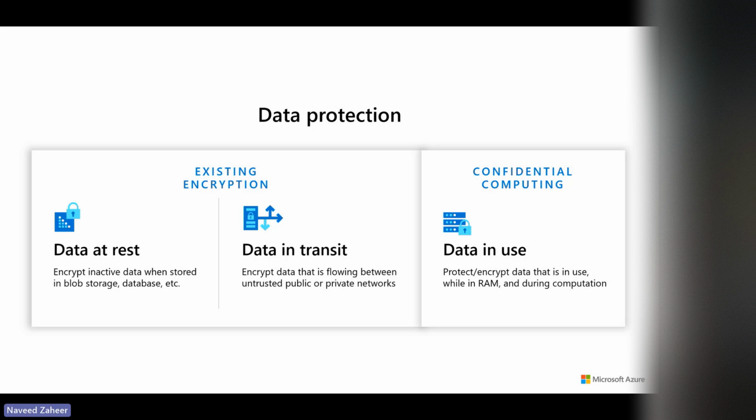It is protected there through encryption. But now you need to process that. You need to do some kind of analysis on it. There's a program that's going to run, and you're going to load it in a VM and run that. What is the protection there?